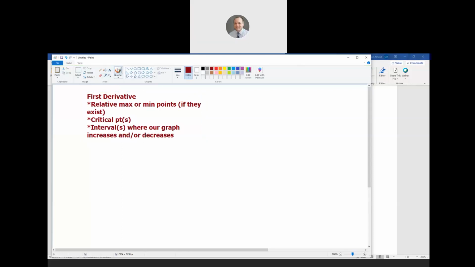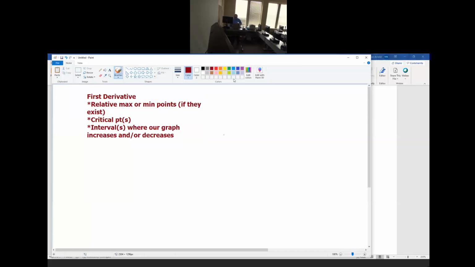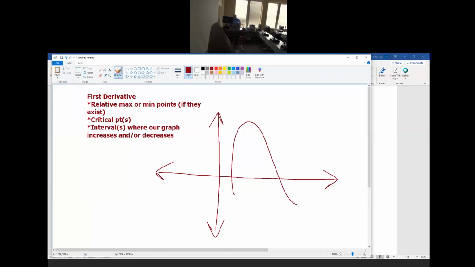So let me just draw a general graph. Again, this is a graph, a function f of x, where we have an open interval, no endpoints.